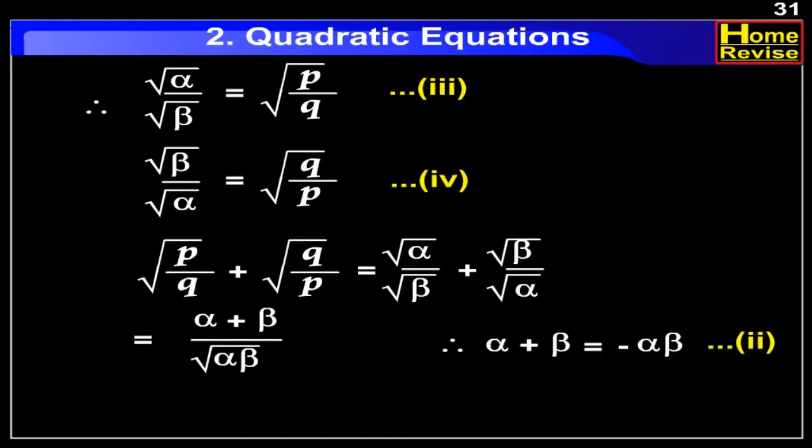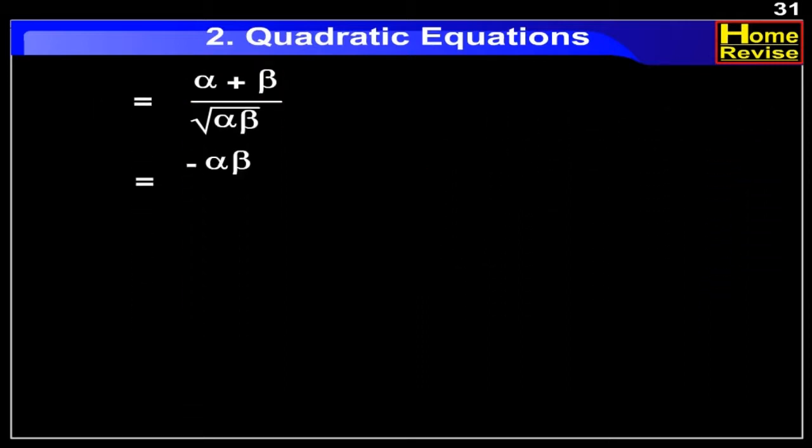Now, from equation 2, we know that alpha plus beta is equal to minus alpha beta, divided by root alpha beta. Rationalizing the denominator, that is, by multiplying root alpha into beta to the numerator and denominator, we get is equal to minus root alpha into beta.